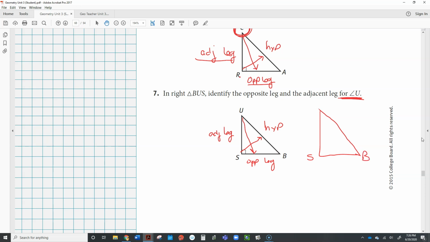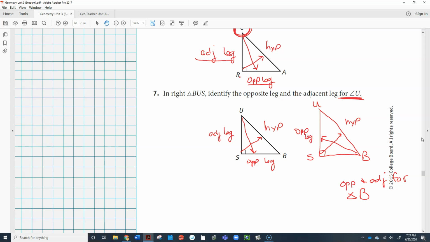S, B, U. Okay, so here's the right angle. So this is the hypotenuse. I'm asking you to label it for angle B, opposite and adjacent for angle B. Okay, so for angle B, go this way for opposite.